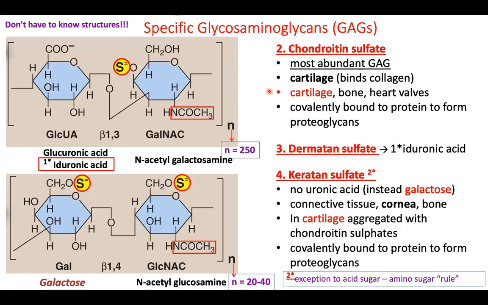And then we can go over, so that was one glycosaminoglycan, hyaluronic acid. And then there are these other ones that I briefly mentioned before: chondroitin sulfate, dermatan sulfate, and keratan sulfate. I'm going to go into more depth about these later, but I just want you to notice that chondroitin sulfate and keratan sulfate are both also found in the cartilage.